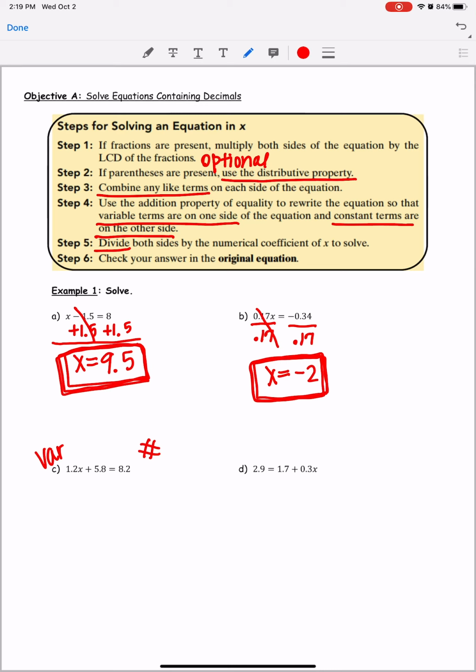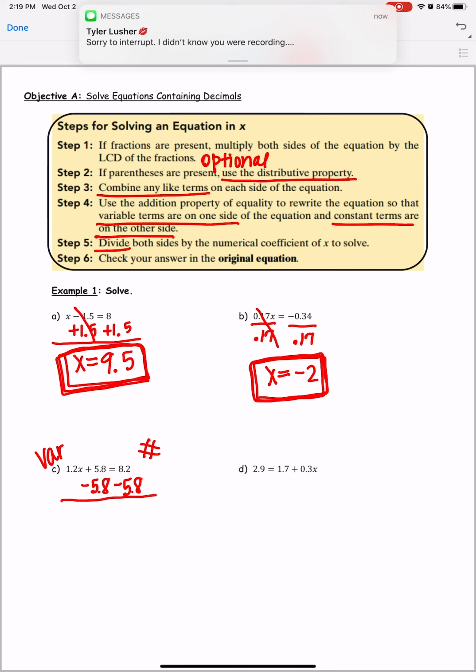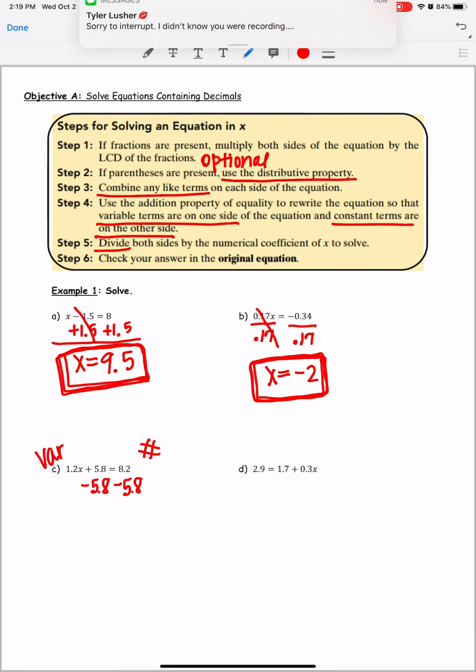So the opposite of adding 5.8 is to subtract 5.8. So I get 1.2x equals, put that in your calculator, 8.2 minus 5.8 is 2.4.